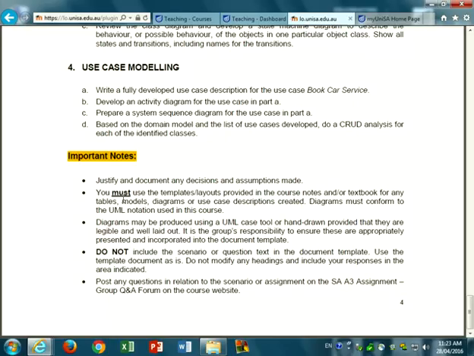So you've got to use the template that I've provided on the course website. Diagrams must conform to the UML notation, so forget about using Microsoft Word right away if that's what you're thinking to create your diagrams. You must use the diagramming conventions that we've spoken about throughout this course. Does that mean we can't draw it? Yes, it does.